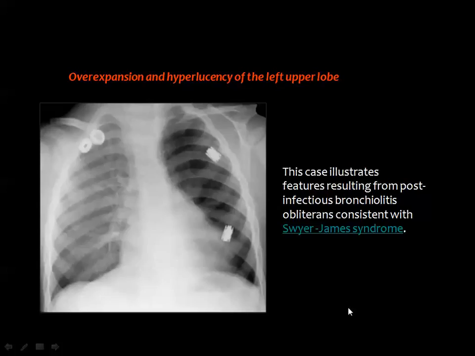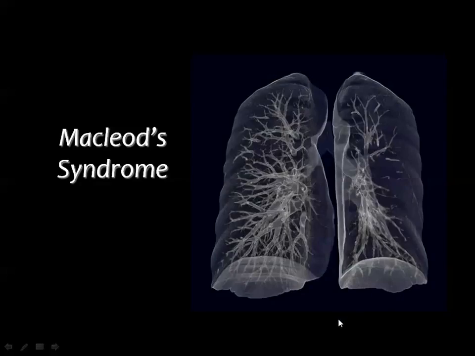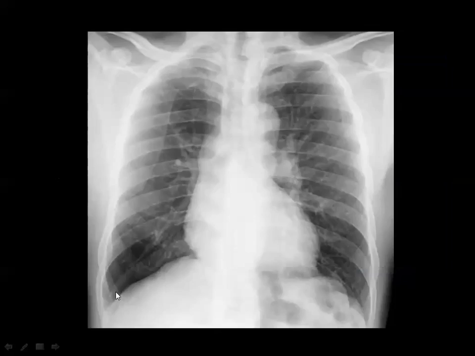Then you consider that this lung is abnormal, and this is the 3D reformatted image showing the pulmonary vasculature and the bronchial distribution in a patient with McLeod syndrome on the left lung, and you can appreciate the decreased vascular markings on the affected left side.